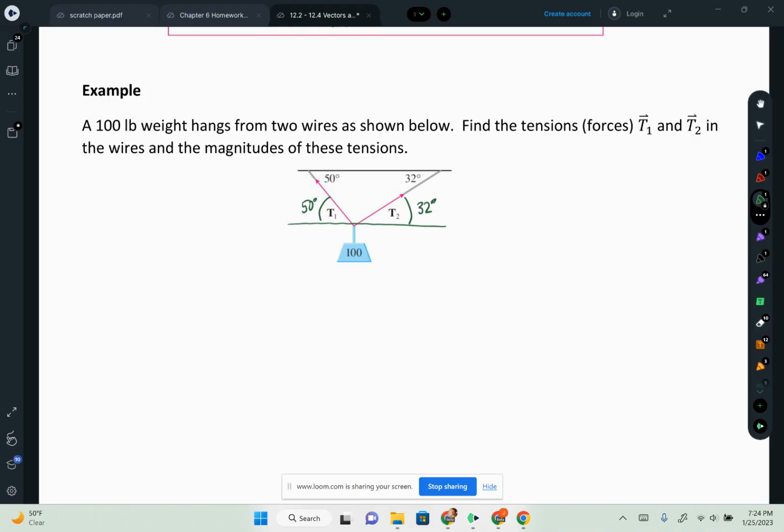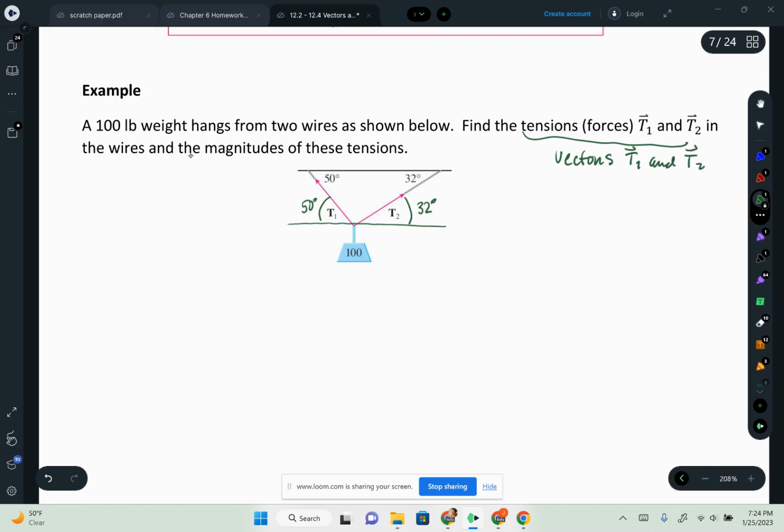When we are asked to find the tensions T1 and T2, we're asked to find vectors. When we're asked to find the magnitudes of these, we're literally being asked to find the magnitudes. So that means we don't know a whole lot here, but somehow we're still going to find things out.